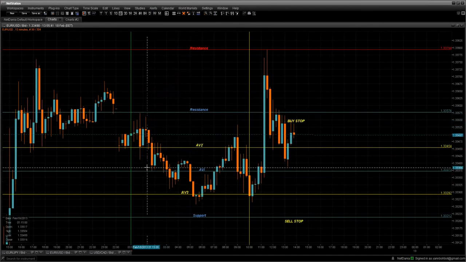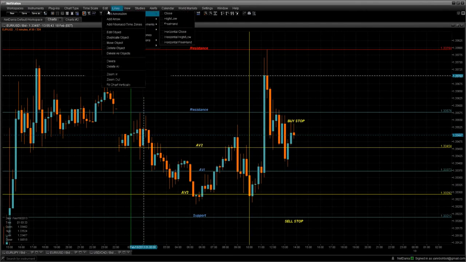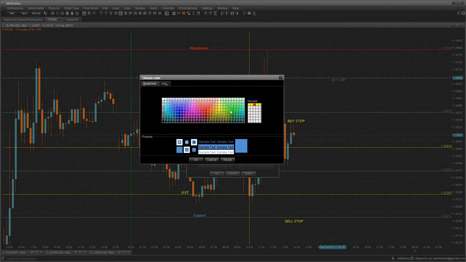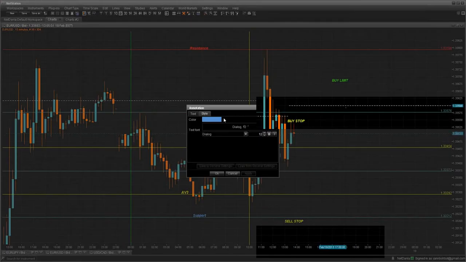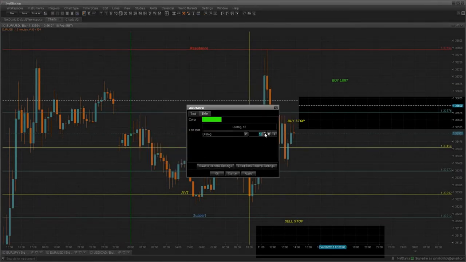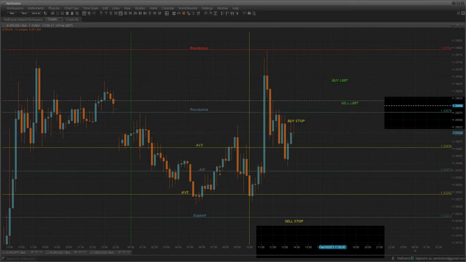Okay, so if let's say we're talking about a normal volatility, let's do buy limit and sell limit annotations. Buy limit. Sell limit. Okay.